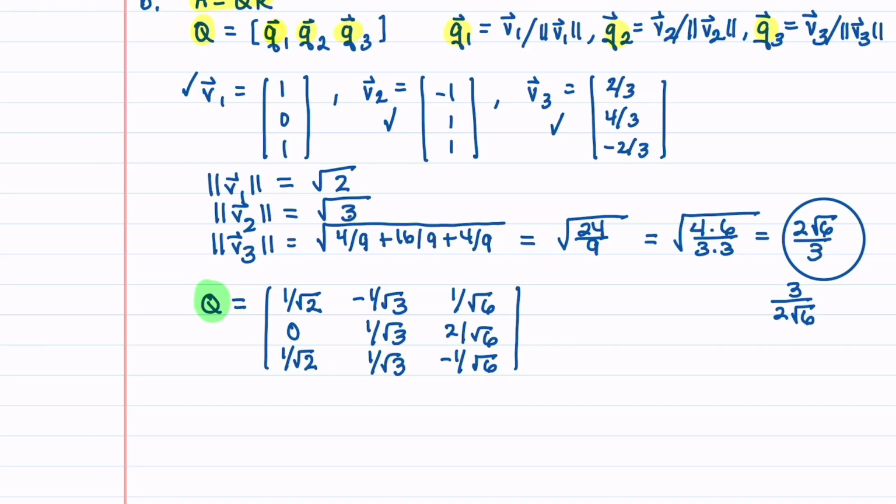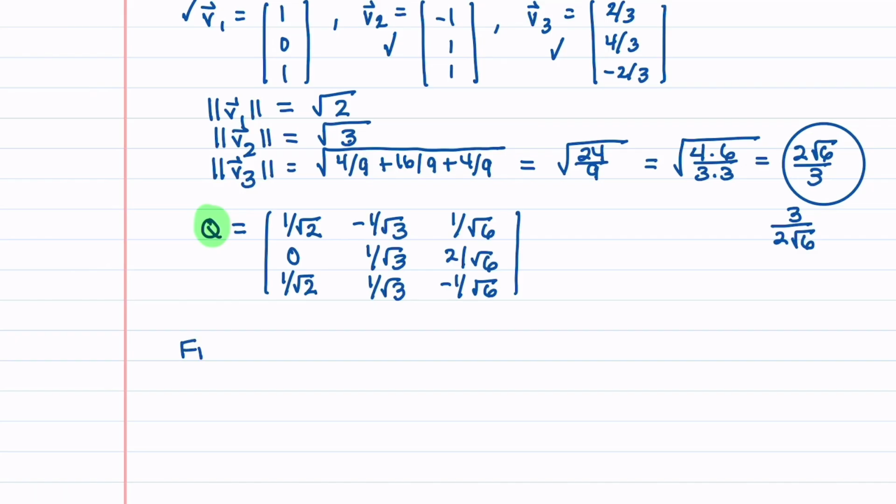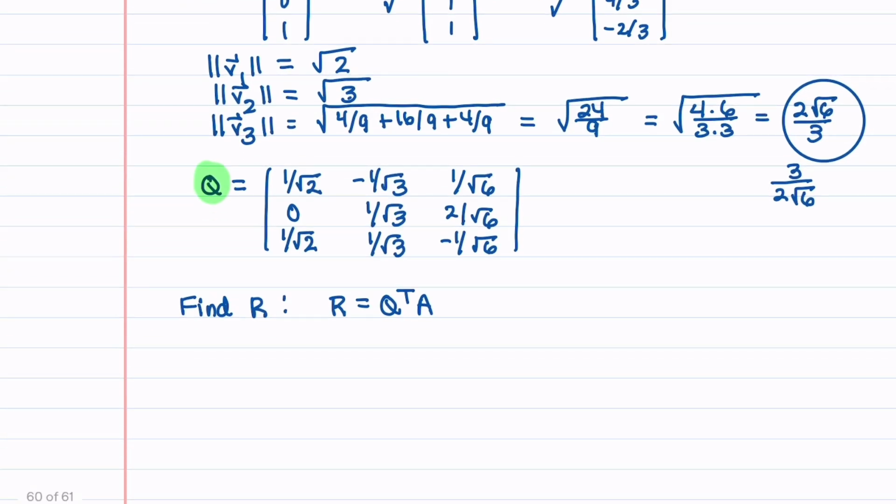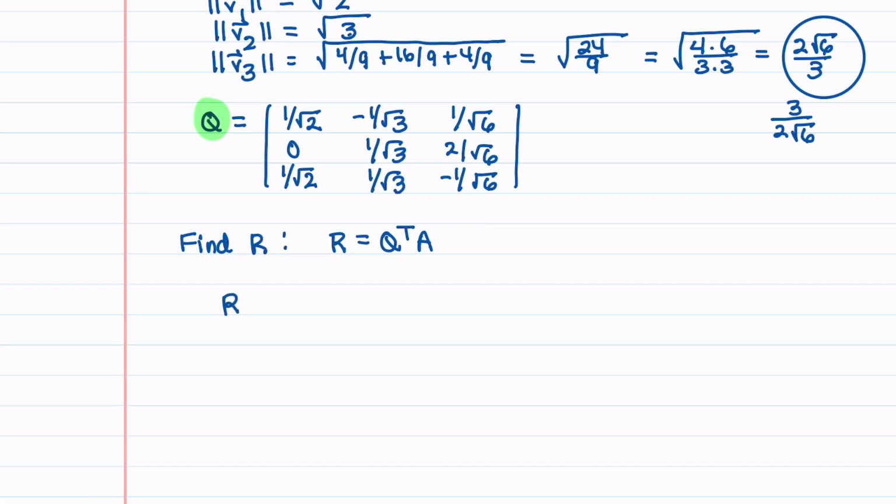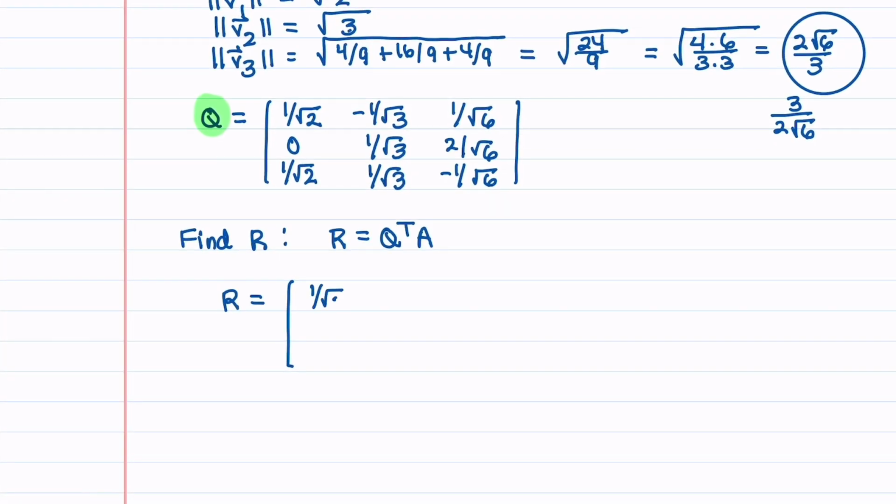Now let's find R. To find R, we have to know a formula, and that formula is that R is equal to Q transpose times matrix A. Our matrix R then is Q transpose. Now, when you take the transpose of a matrix, the first row becomes the first column. So this is 1 over root 2, minus 1 over root 3, 1 over root 6.